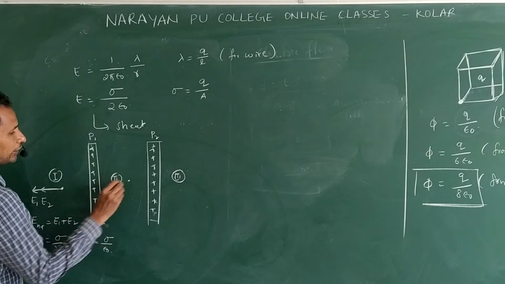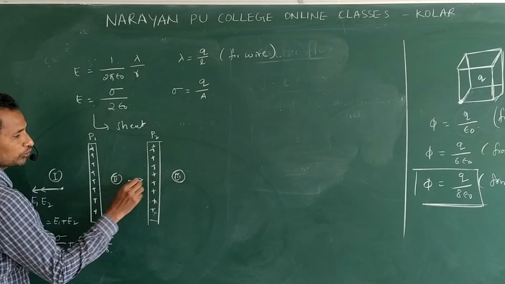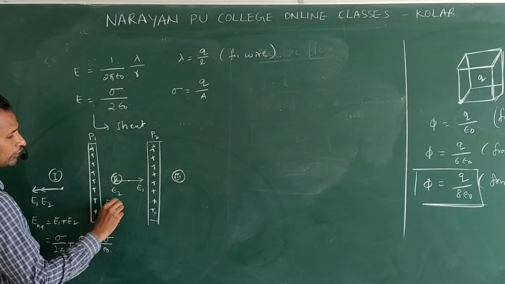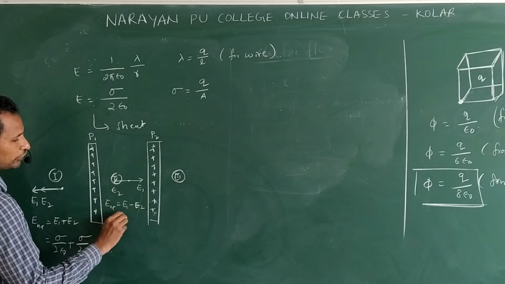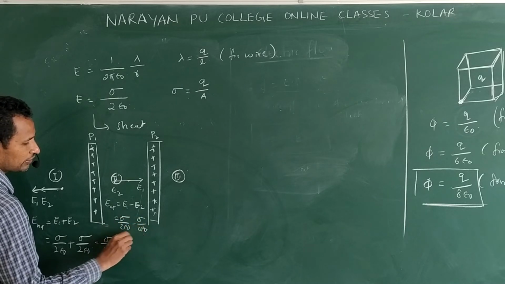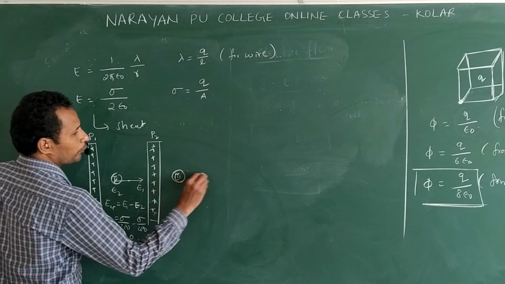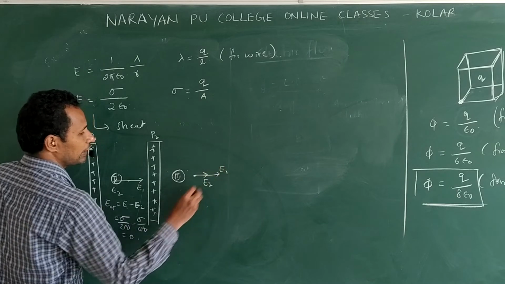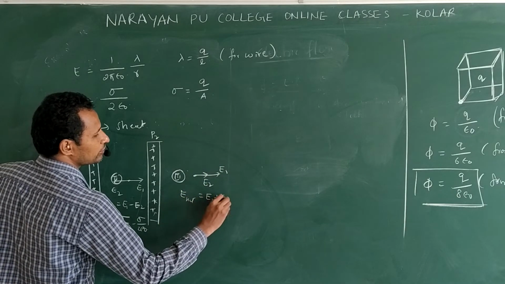In the second region, the field due to this plate acts in this direction and the field due to the other plate acts in the opposite direction. Net field is E1 minus E2; their magnitudes are the same, so the answer is 0. And in the first region, E1 acts in this direction and E2 acts in this direction, so E net is E1 plus E2.